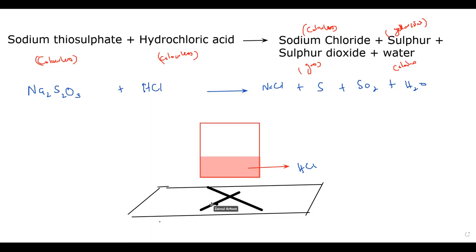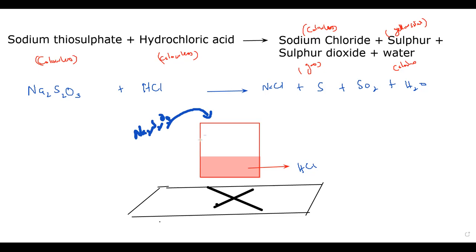Now what will happen? First we have HCl. Now to this HCl, what do we add? We add sodium thiosulfate, Na2S2O3. The moment we mix them, both are colorless.